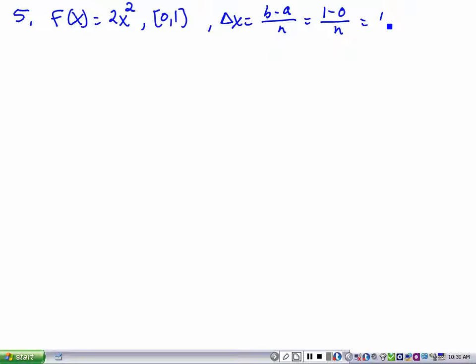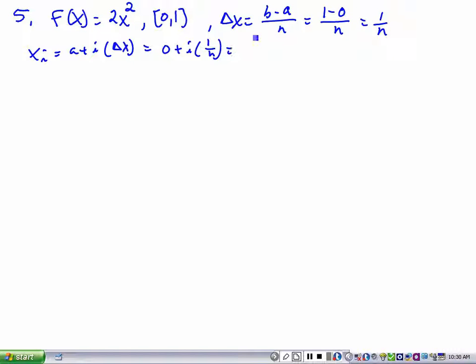Now we need to pick the values for x to go on the partition. So we have x sub i is equal to a plus i times delta x. Well, a is 0, plus i times delta x. Delta x is 1 over n.